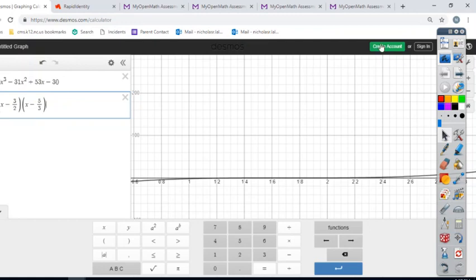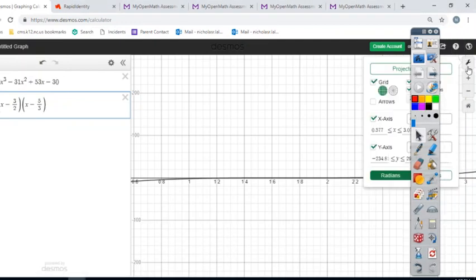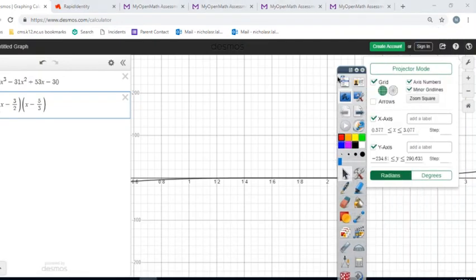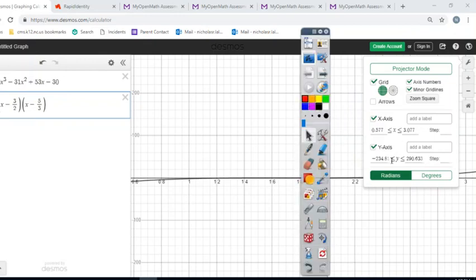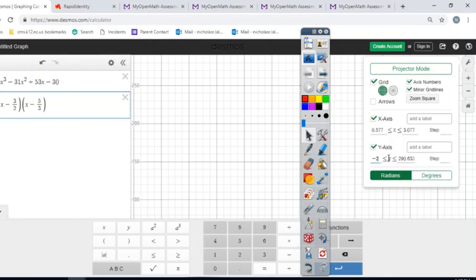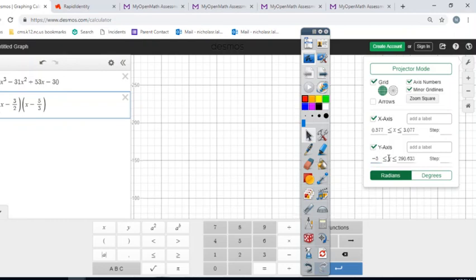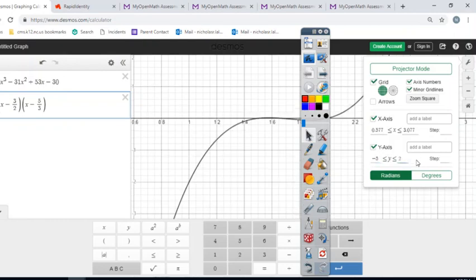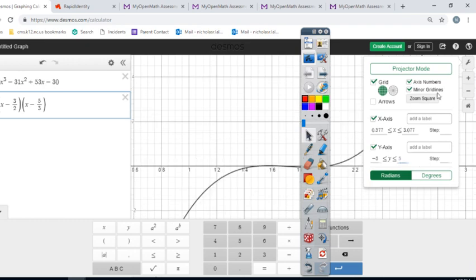And this view is kind of skewed, so I'm going to change my y-axis so that my lowest y values are from negative 5 to 5. This helps me see it better.